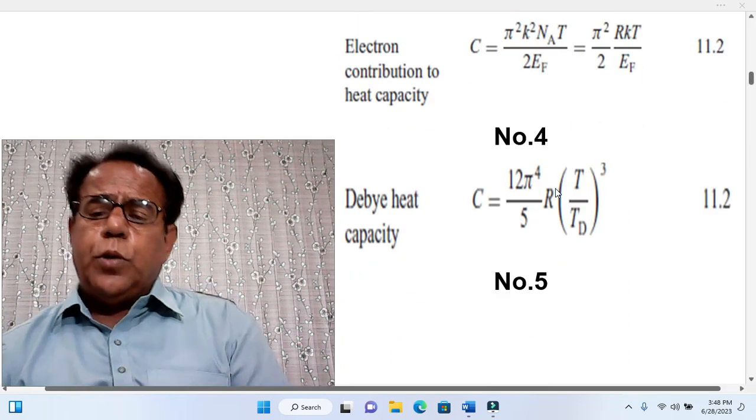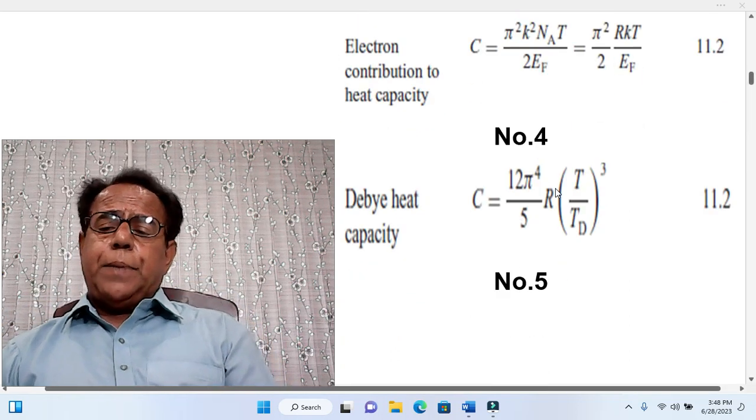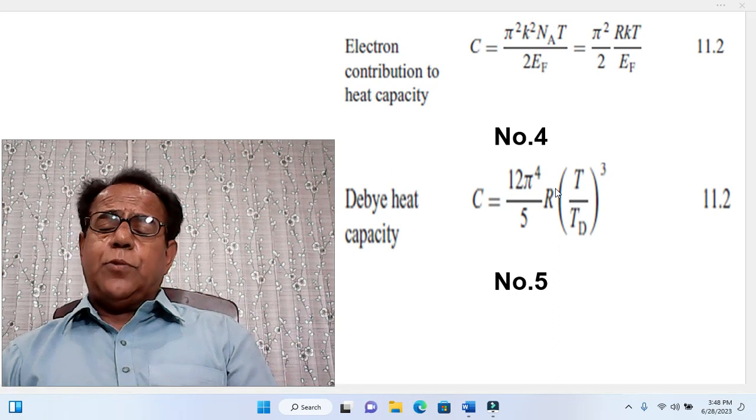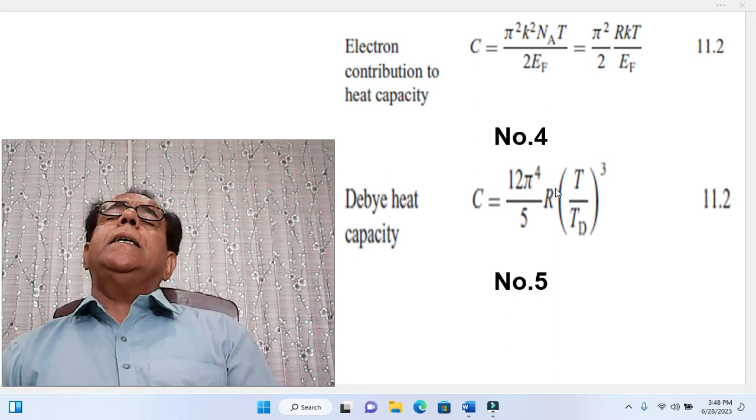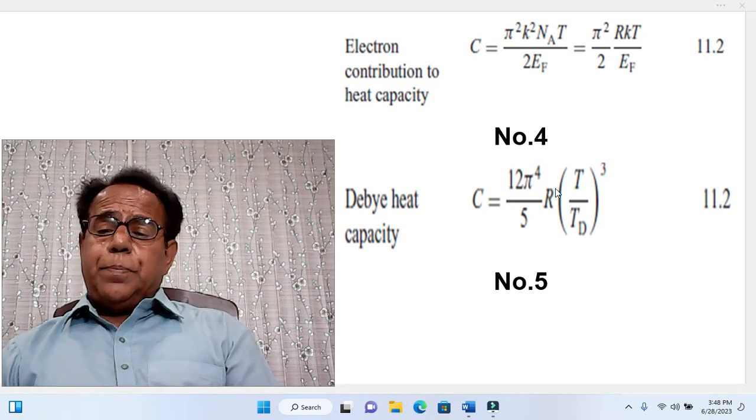Tool number 4, Debye heat capacity. Debye heat capacity is also given at the end of the 11th chapter of Modern Physics by Kenneth S. Crane. 11.2 indicates that this is the second topic of the 11th chapter.